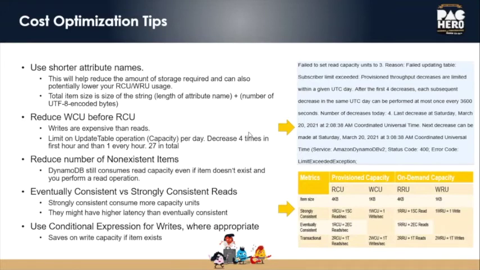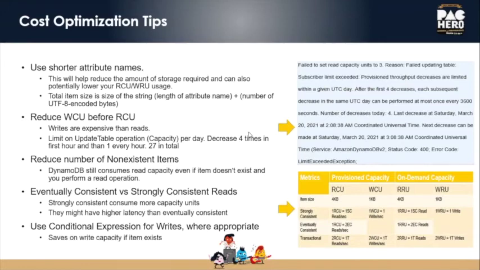Now, why I highly stressed reducing the write capacity unit is you will basically save a lot of money on reducing the write capacity unit first before you do a read capacity unit. If you do the other way around, you basically have to wait for an hour before you reduce your write capacity unit. That's another tip of how you can save on DynamoDB cost.